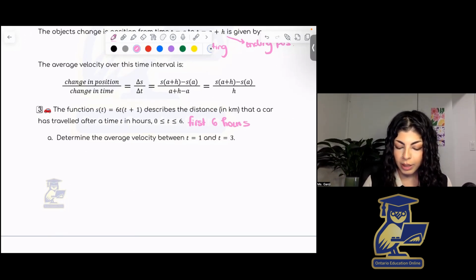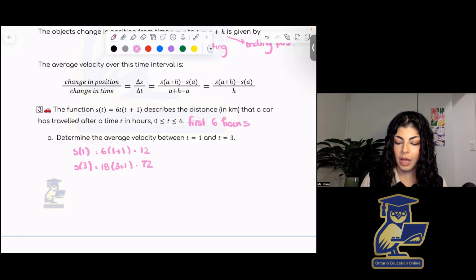So to do this, we are first going to find s of 1 and s of 3. So our starting position and our ending position. So substituting this into our expression, we get here 12, and here we get 18 times 4, 72.